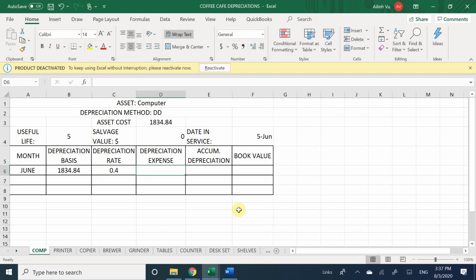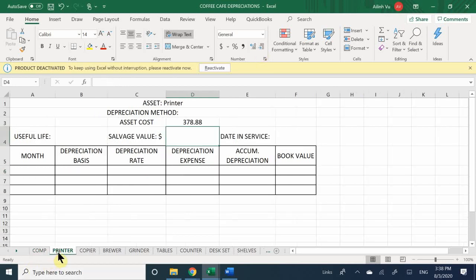Good. 1834.84 times 0.4 equals 733. Divide that by 12. 61.16. Good. 61.16 is correct.